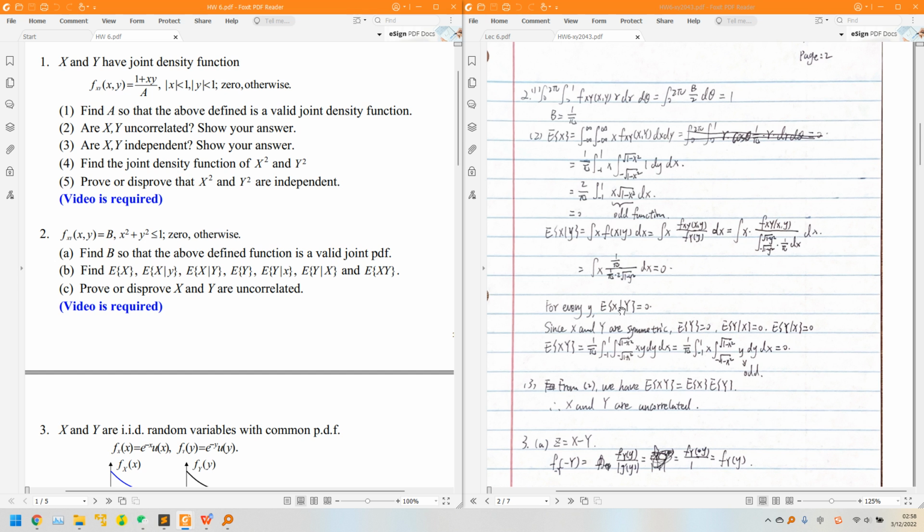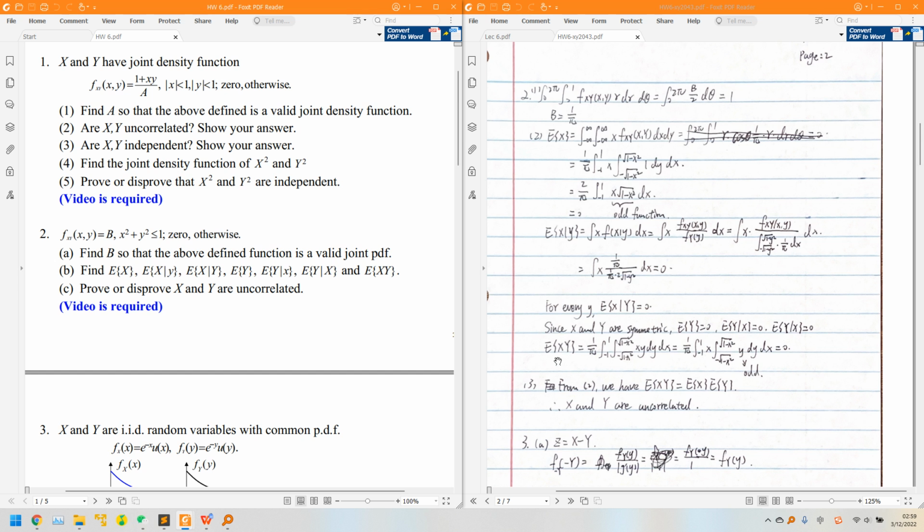So the expectation of x in terms of capital Y is also 0, the same as the previous one. For these three, since x and y are symmetric, these three expectations are all zero.